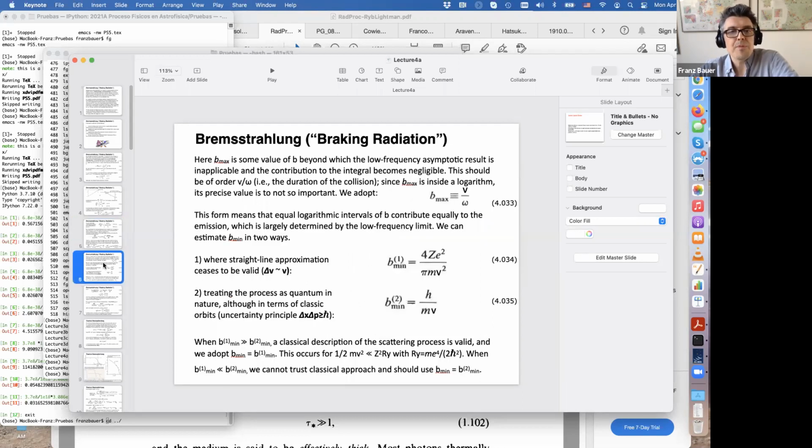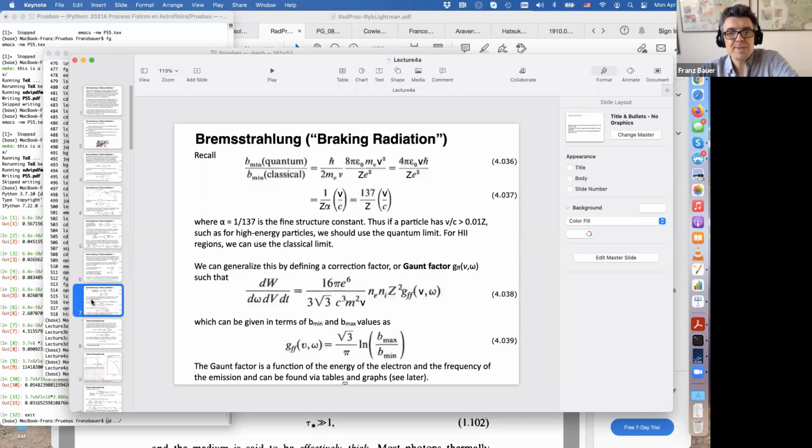So we had evaluated what these B's could be, and we actually put this in as what we call a Gaunt factor. And I'll show you a plot of Gaunt factors in a few slides. But it encapsulates all of this.